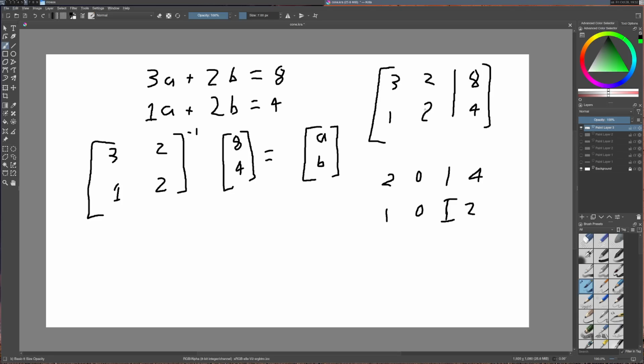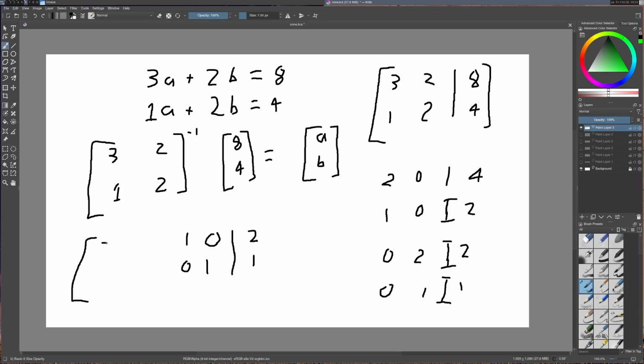Okay, now we subtract this from the bottom, so we'd get 0, 2 equals 2, and then we just divide by 2 and we get 0, 1, 1. So the new matrix, when you apply this, would look like 2, 1. So a would equal 2 and b would equal 1.